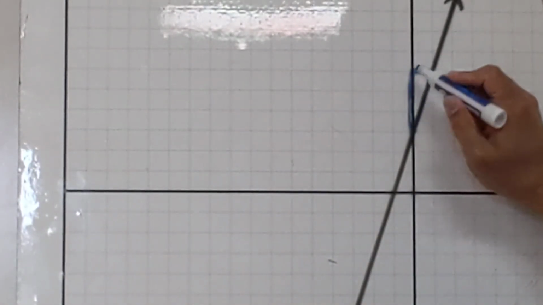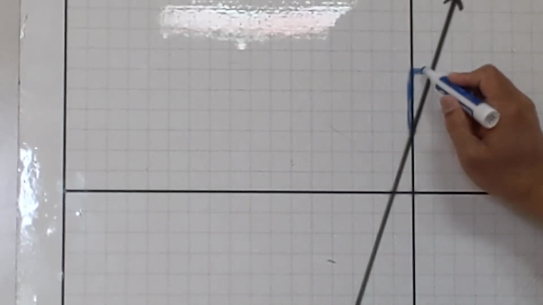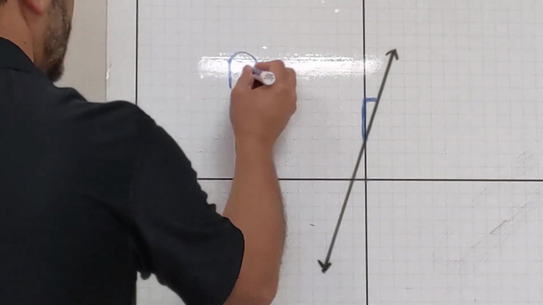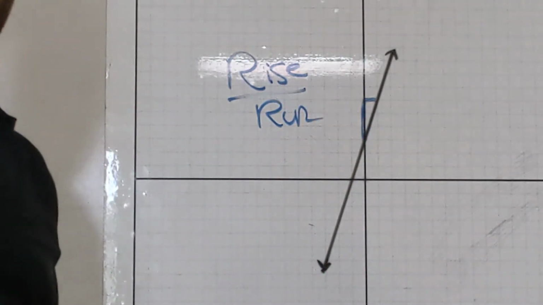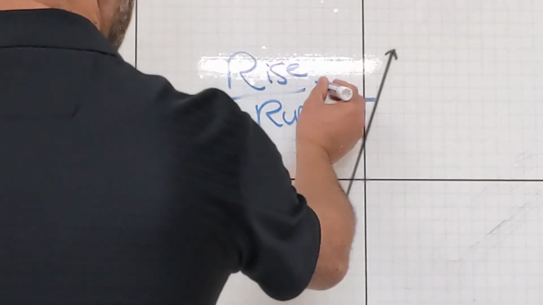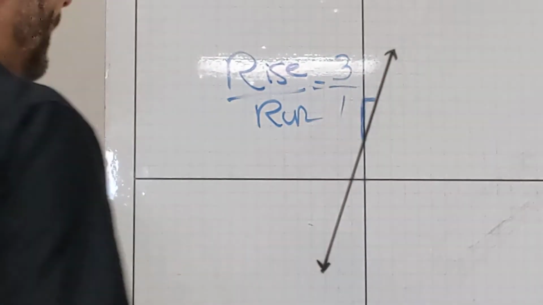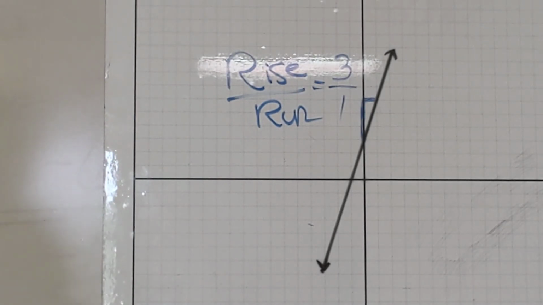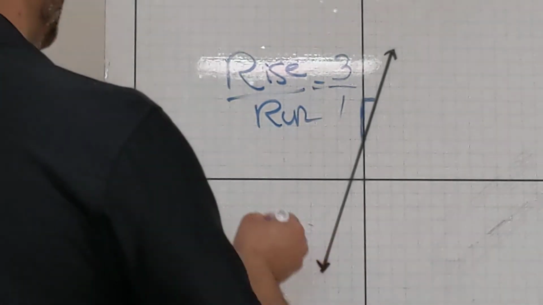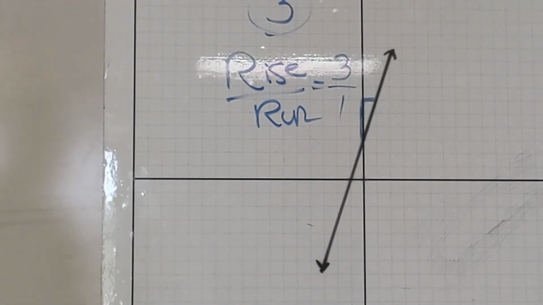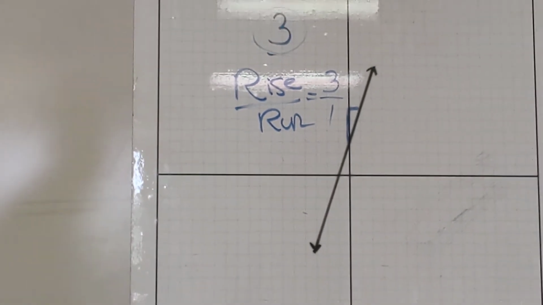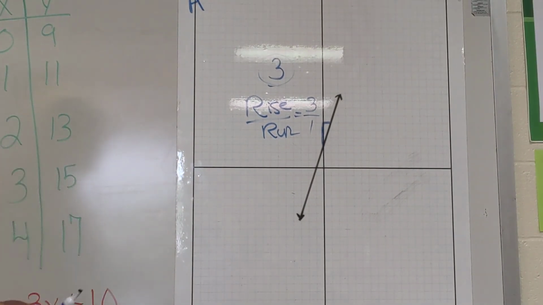I go from here up 1, 2, 3, and then I go over 1. So my rise was 3 and my run was 1. Since that is a fraction, 3 divided by 1 means my rate of change here, or my slope, is going to be 3. So that's for A.